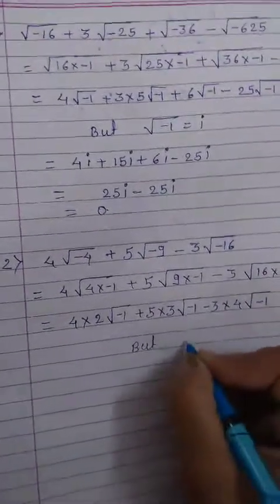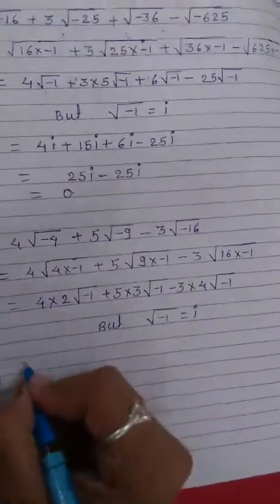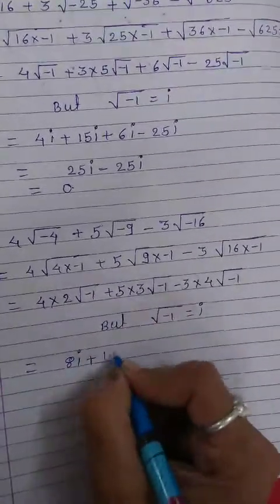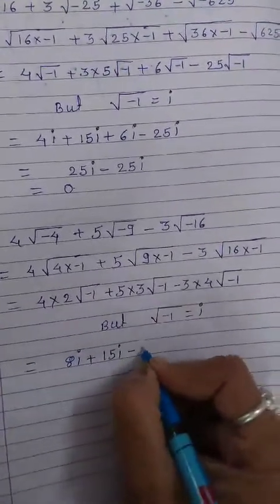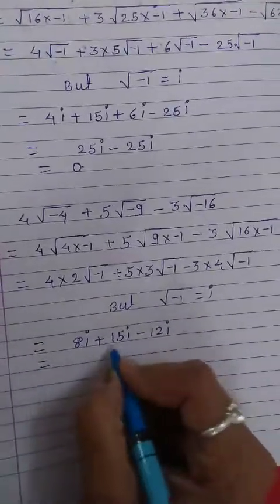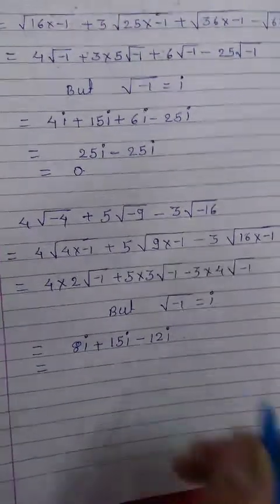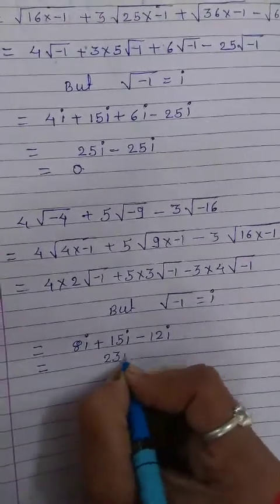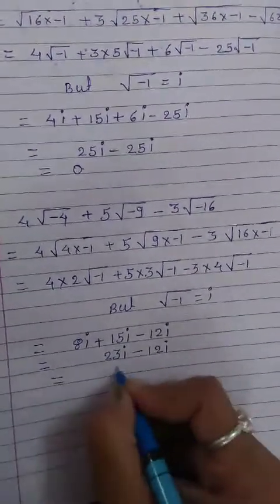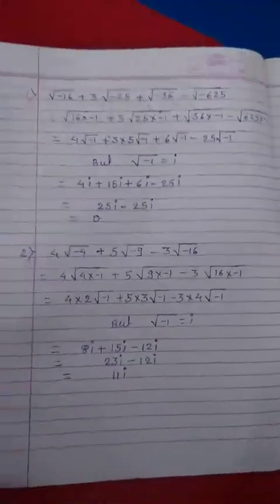But again the square root of minus 1 is i. So 4 into 2 is 8i plus 5 into 3 is 15i minus 4 into 3 is 12i. So now this is 15 plus 8, and then minus 12, so this is 23i minus 12i. So 11i. In this way we have to simplify.